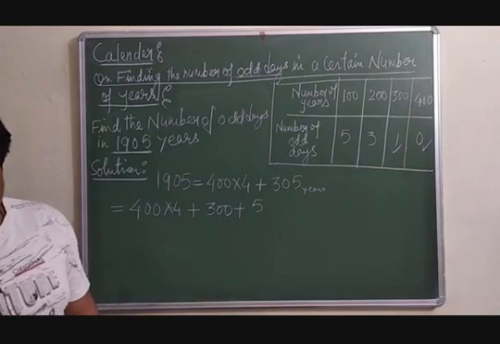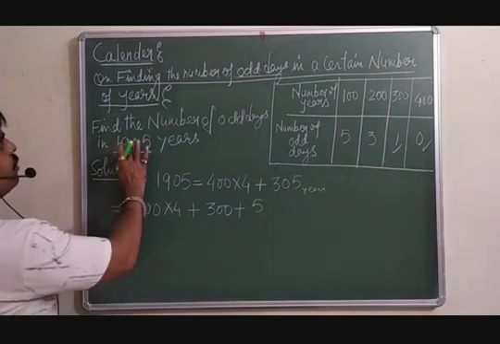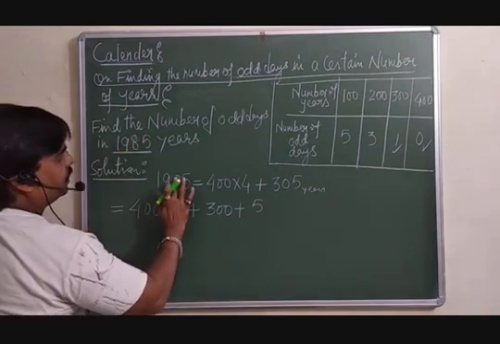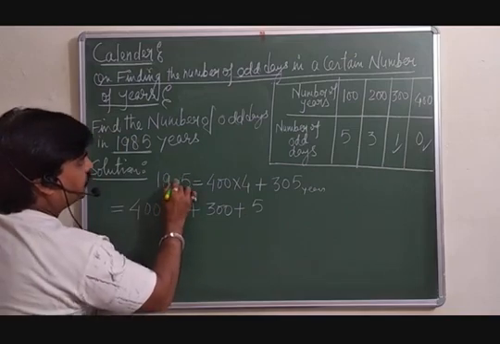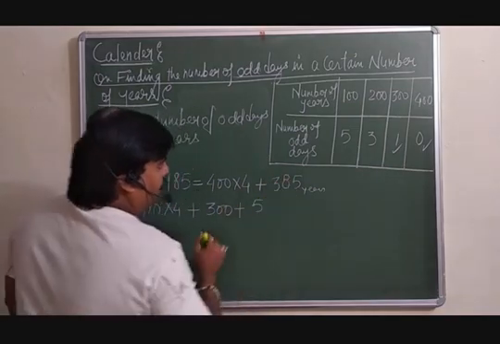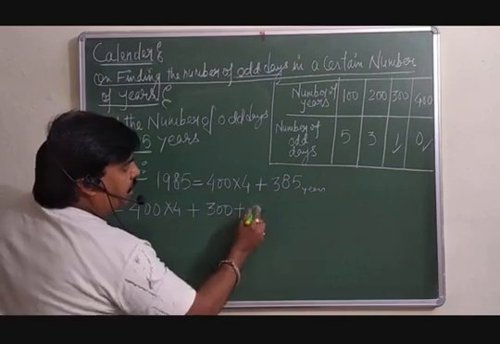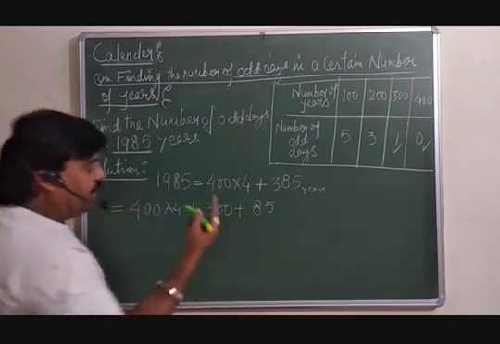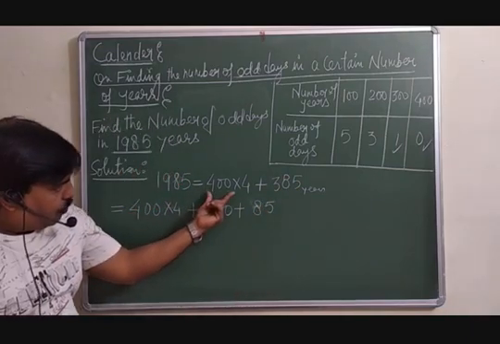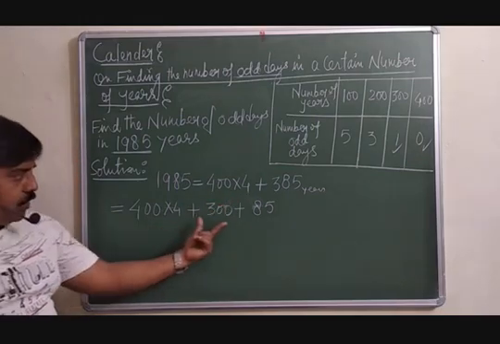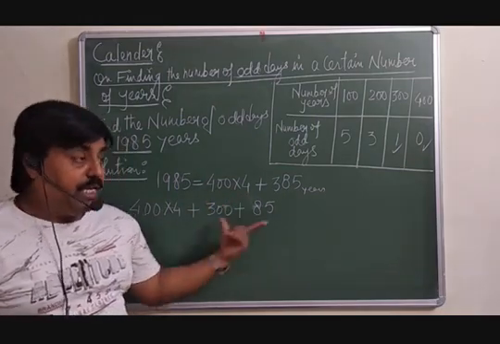See now, in place of this I am taking 85 लेते हैं, तो ज़्यादा we can understand easily. So this is 385. So this is your 300 plus 85. This is in years only. So just see now, 400 into 4, 1600 plus 300 plus 85. These are the years.